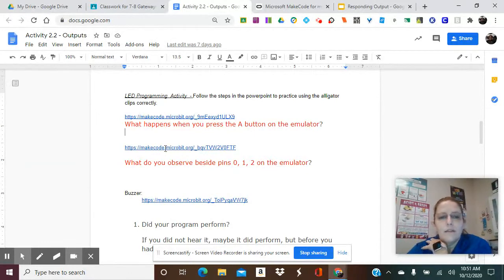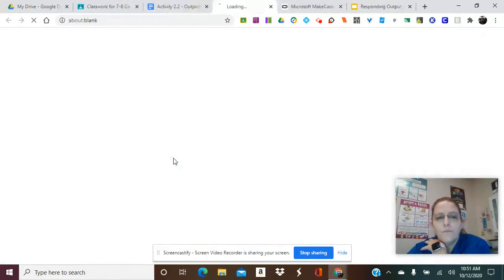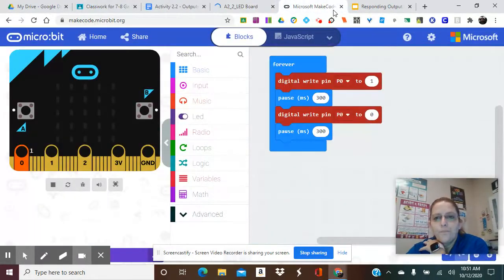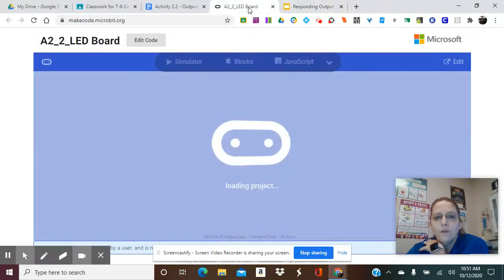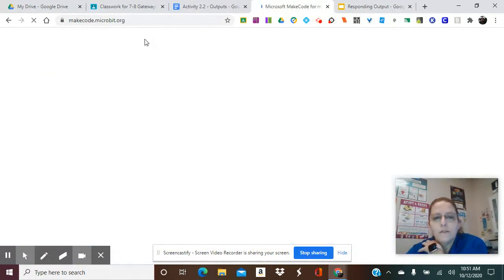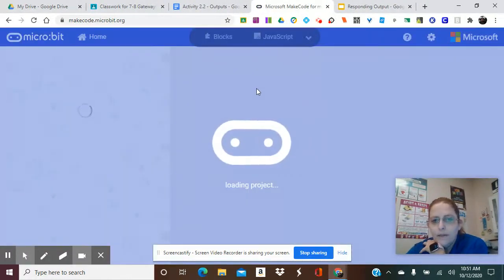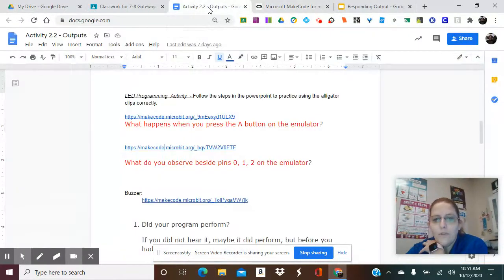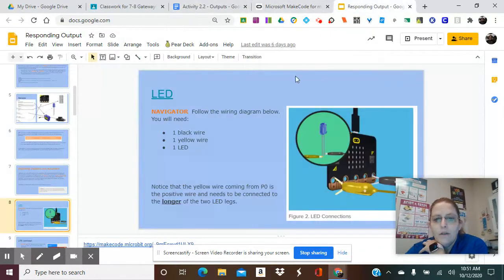All right, next, we're going to go to this code. This is the LED board. It's a little bit more involved because I have multiple things signed up on it. So this is something for the LED.